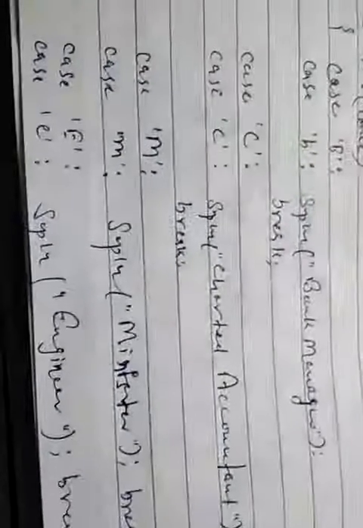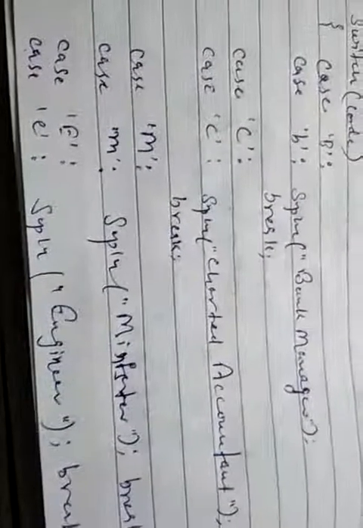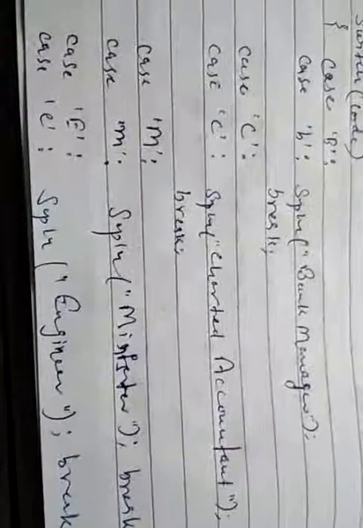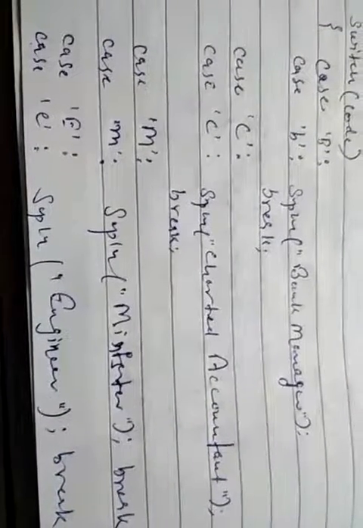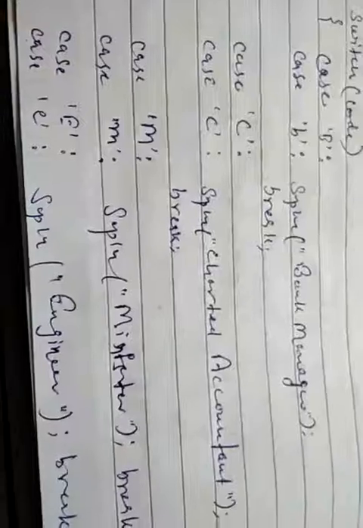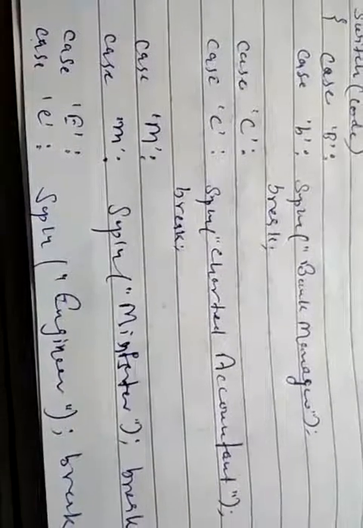If the value of code is capital M or small m, then we will print minister, and if the value is equal to small e or capital E, then we will use engineer as the printing statement. And after each case, we require the break statement, otherwise this will print all the messages.